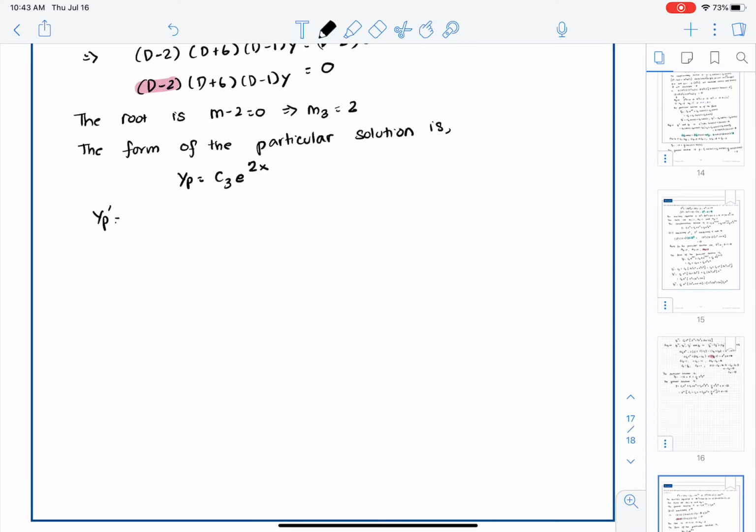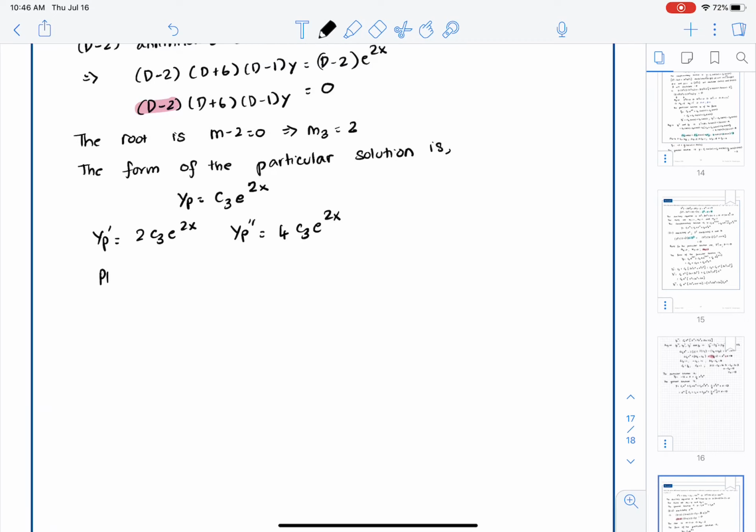Yp prime is 2c3 e raised to 2x. Yp double prime is 4c3 e raised to 2x. Plug in yp double prime, yp prime, and yp into yp double prime plus 5 yp prime minus 6 yp equals 10 e raised to x.